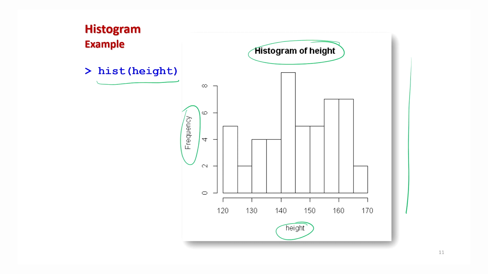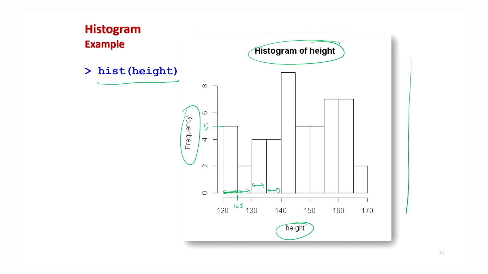You can see here the width of the bars is the same, but their heights are varying, and the heights vary according to the absolute frequency. And you can see the point here, 125. It is saying that there are 5 values in the interval of 120 to 125, right.